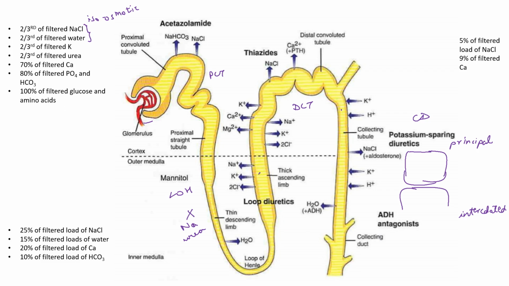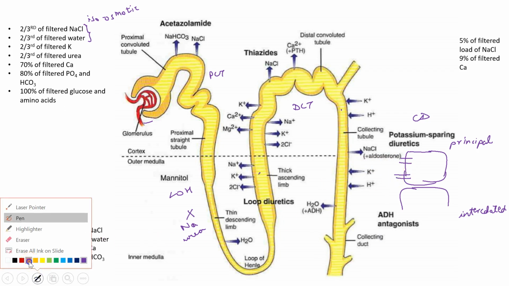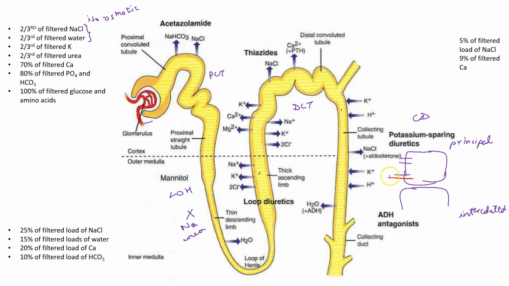The principal cells are acted upon by aldosterone so as to increase the excretion of potassium and increase sodium reabsorption. They are also acted upon by ADH, which causes increased water reabsorption in the principal cells.